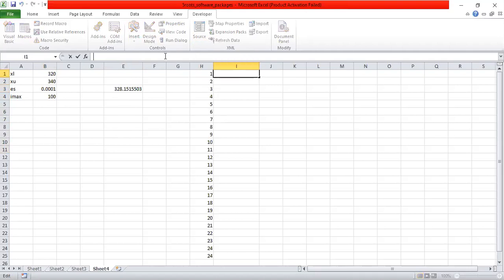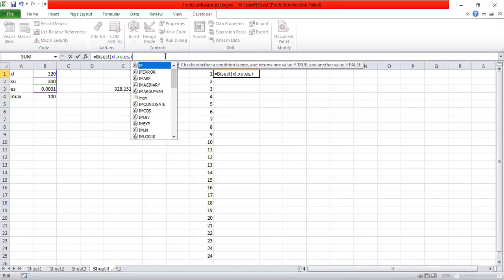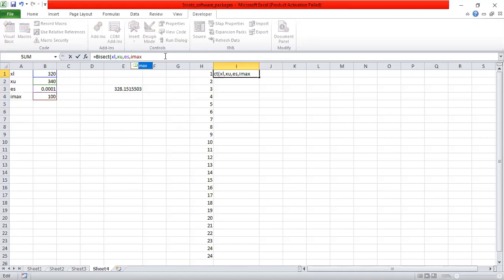In order to do that, this is where we're going to put the iterations. We're going to call the bisect method the same way we called it, XL, XU, ES, but in place of the maximum number of iterations, we are going to put H1, so that it comes to this particular cell. It will evaluate the bisect method at the first iteration.